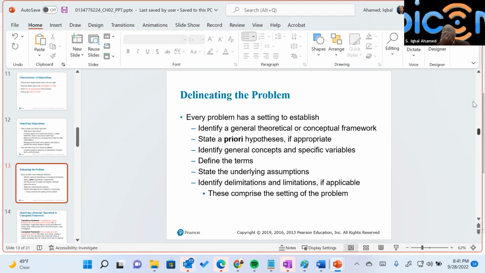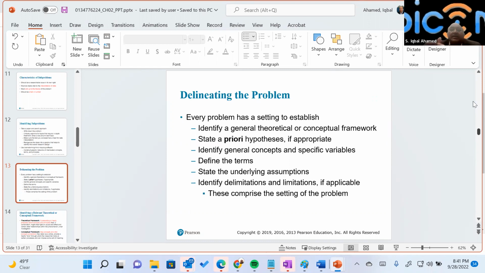Then even in your problem, see what terms you have. Do you need to define any term, or are you going to use the existing definition, or do you come up with something where you need new terms? So you really need to define those terms.